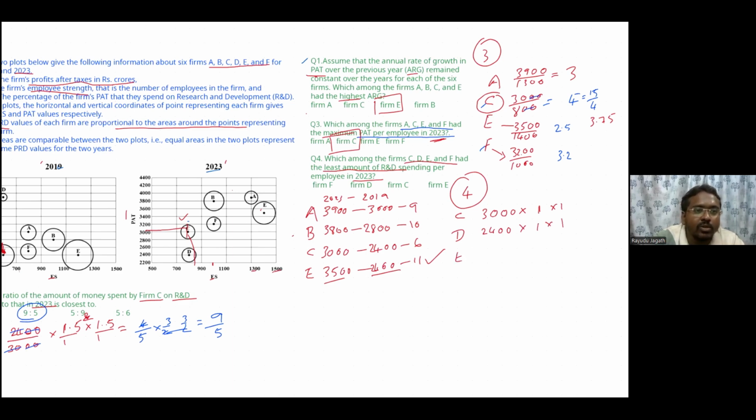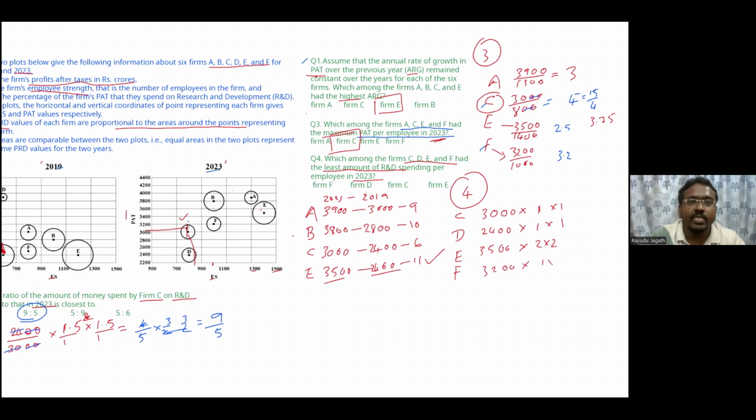E is considered to be around 3,500, with radius 2 units, so 2 into 2. Unit is not required; 1 unit is equal to 200 crores, and that factor will be cancelled altogether. And F is 3,200 into 1 into 1.